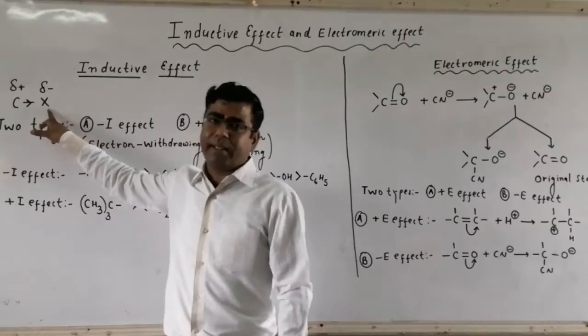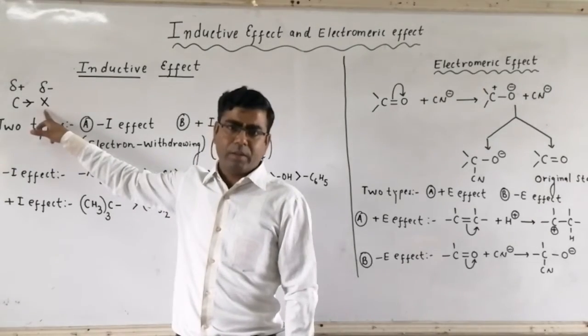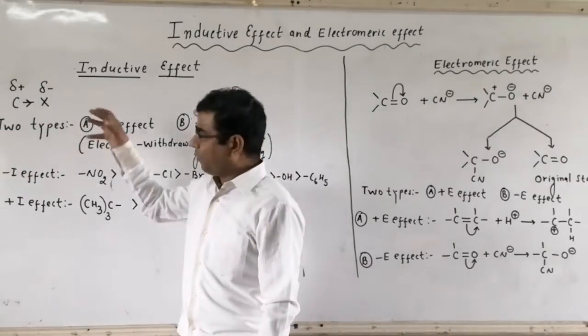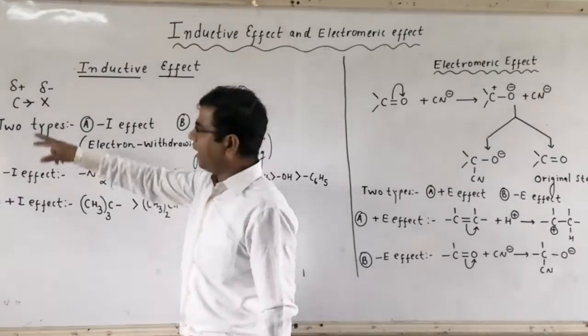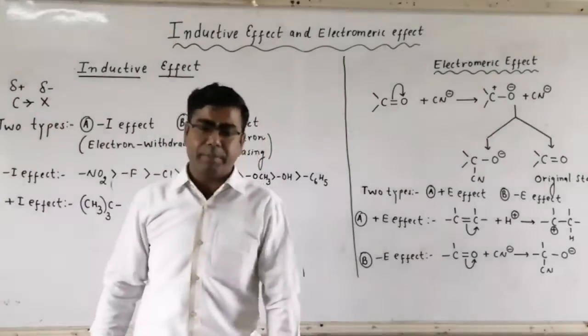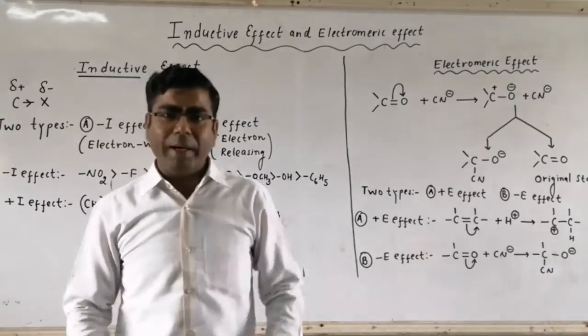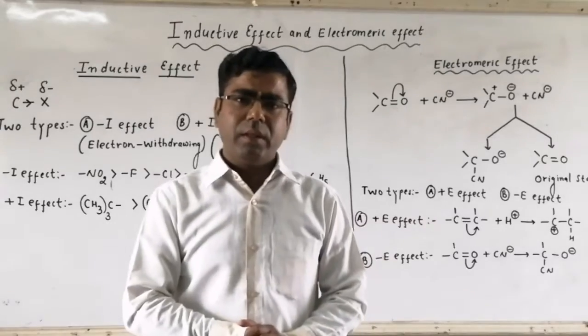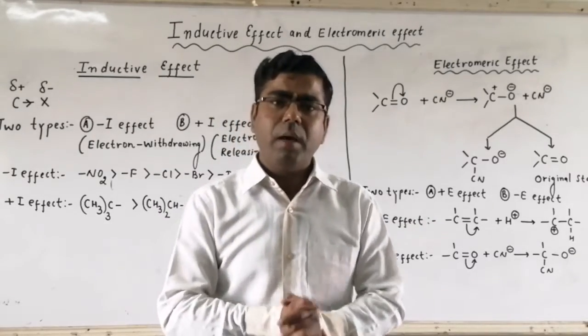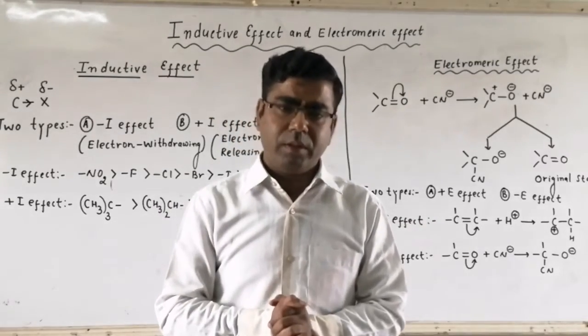Here F is exerting minus I effect because it has attracted the shared pair of electron towards itself and creating electron deficiency over the carbon atom. So whenever electrons are displaced away from the carbon chain, then this type of effect is called minus I effect.